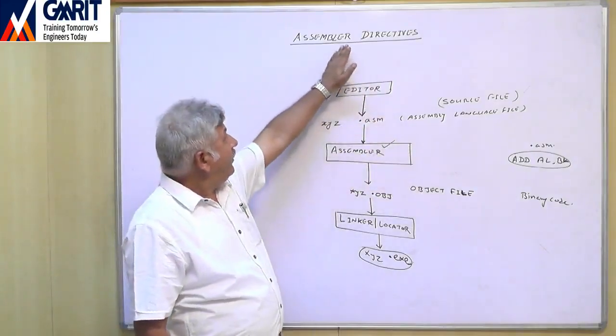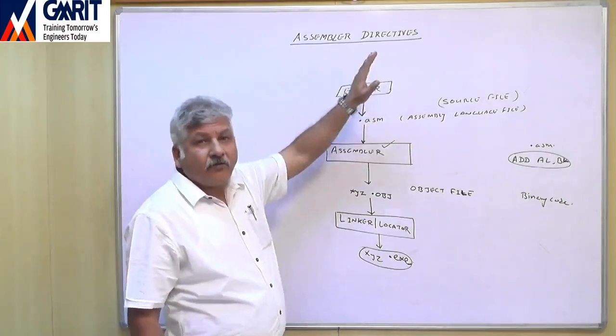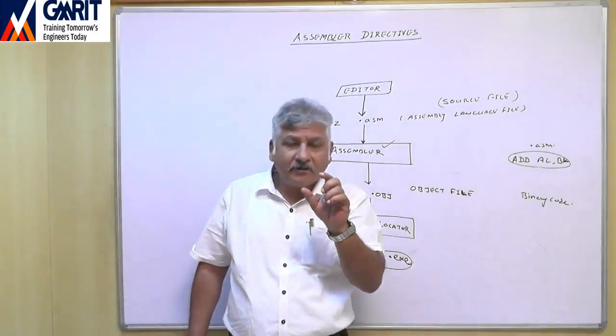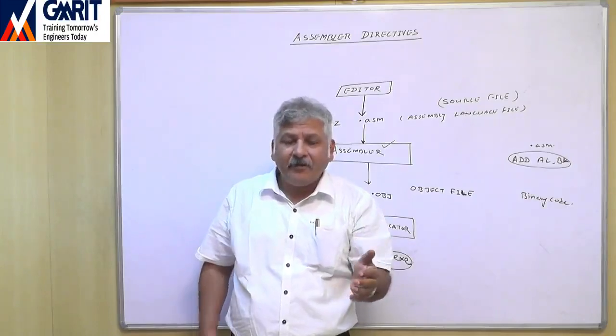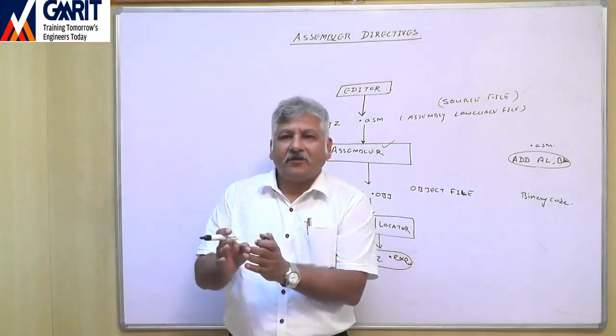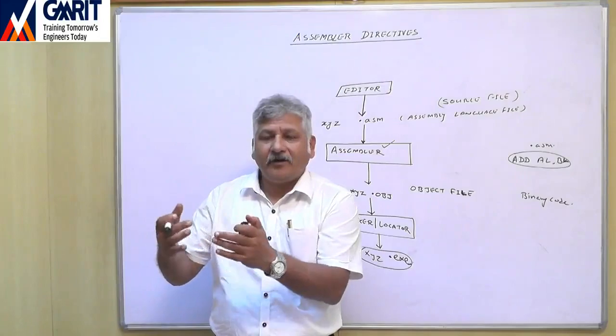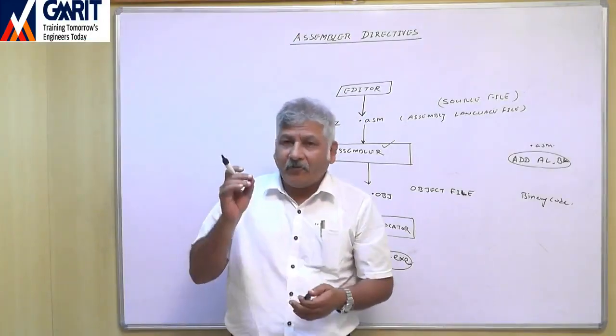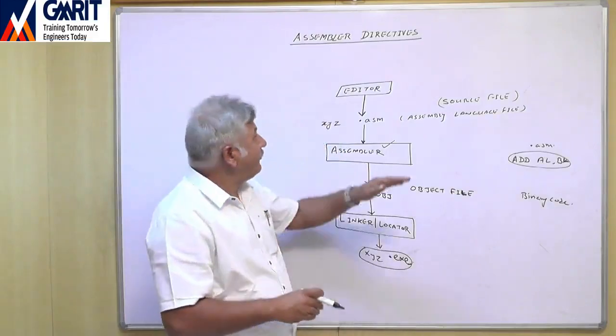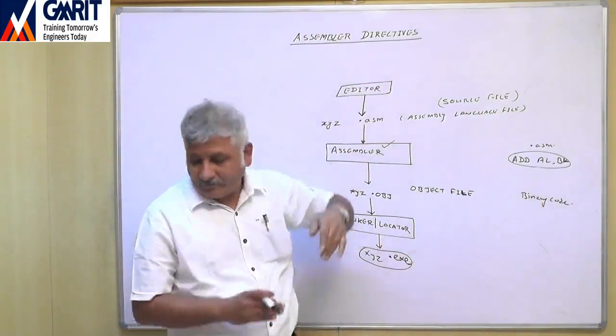And assembler directives are a few keywords which give direction to the assembler to do this or do that, right? To give the information to the assembler, we have to use a few directives.